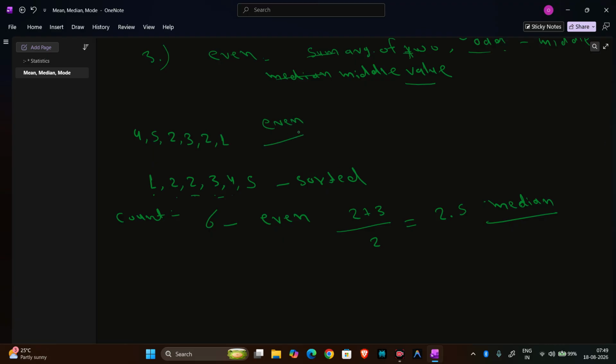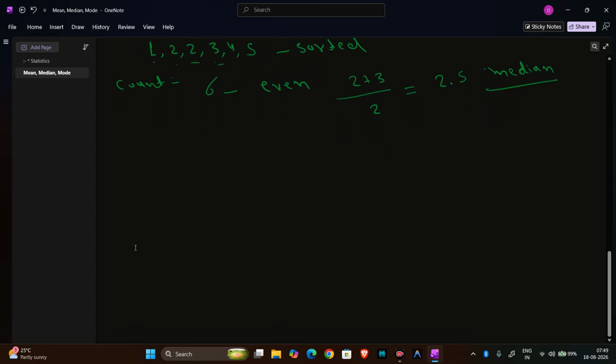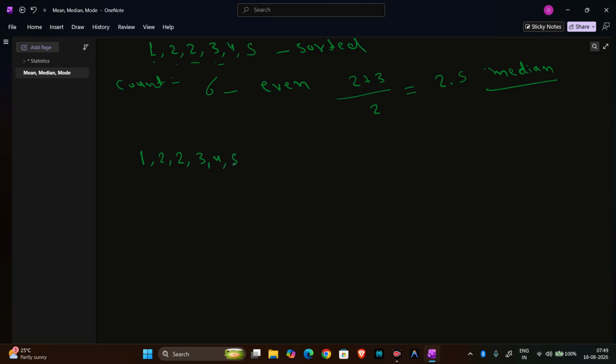Now we will check the same for an odd count. We take 1 2 2 3 4 5, and we add 6 here, so we get 7 values.